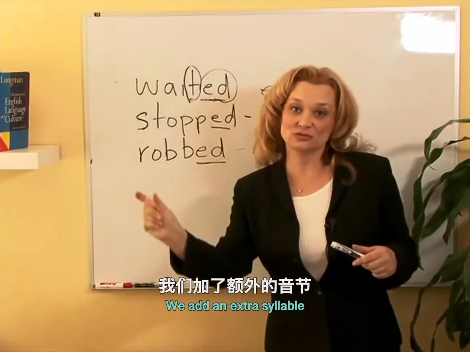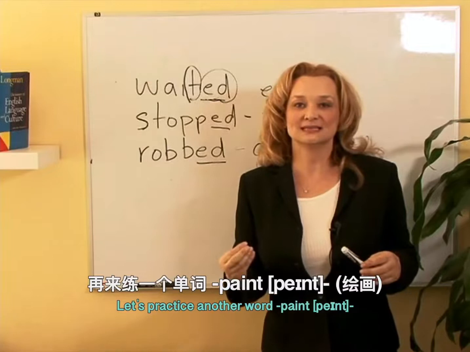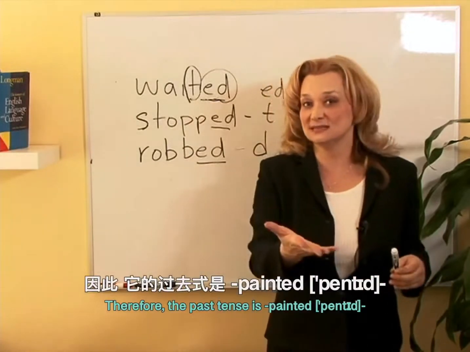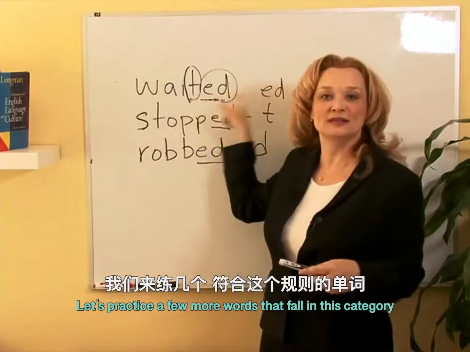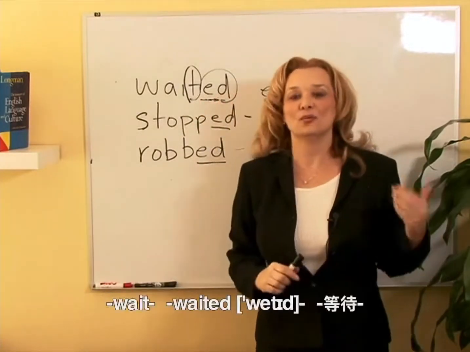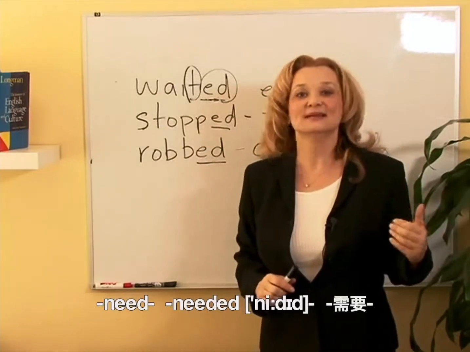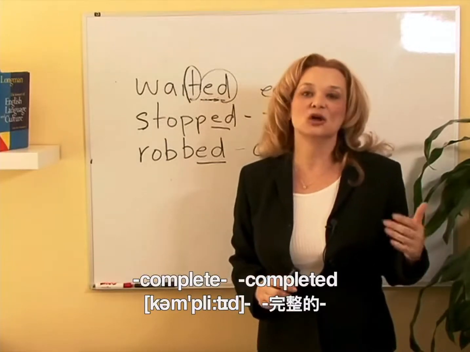We add an extra syllable. Let's practice another word: paint. Paint ends with a T. Therefore, the past tense is painted. Let's practice a few more words that fall in this category: wait, waited. Need, needed. Complete, completed.